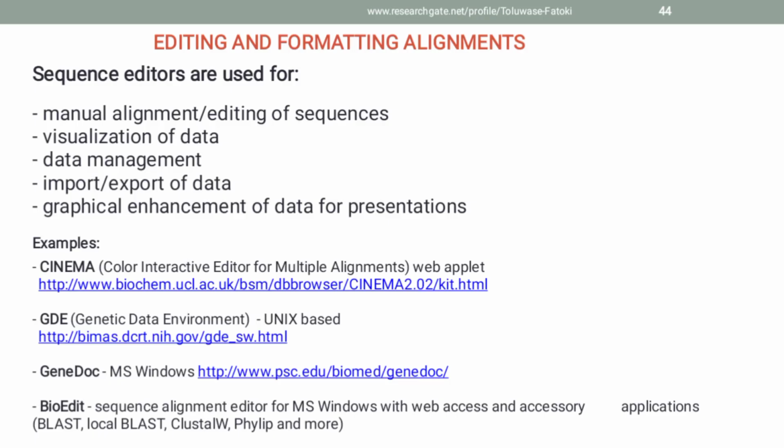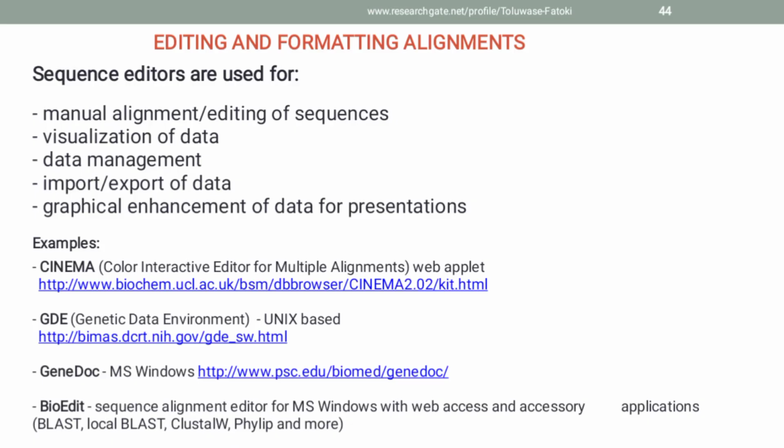When you have your alignments, there is the possibility of editing them. You can manually edit your sequence, and you can visualize the data, manage the data, and export and import the data based on the alignment that you have done.